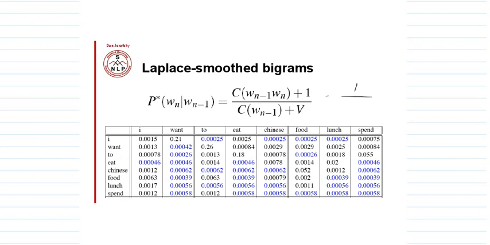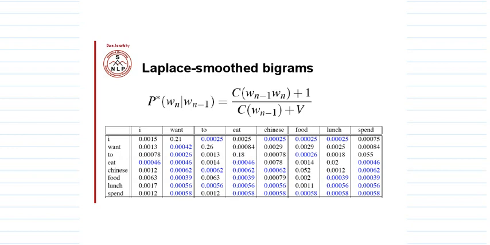So the probability becomes non-zero, and we call this technique smoothing. When we add 1 in the numerator and add V in the denominator, we call it Laplace smoothing, right? So this is the new Laplace bigram probability.